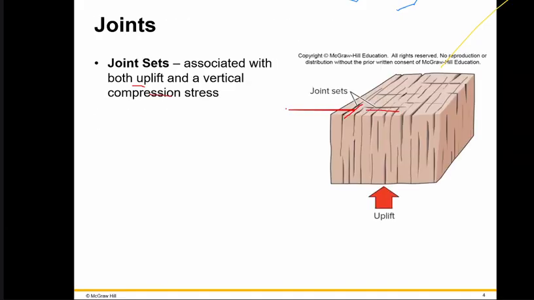So joints can be systematic or non-systematic. They are systematic when they are parallel and defined by a straight orientation like this, and they are parallel to each other. A non-systematic joint is defined by curved geometry and is not parallel to one another. All right, a non-systematic and then a systematic joint.